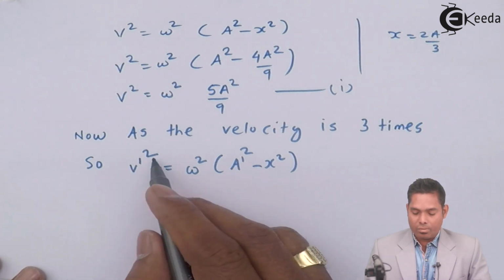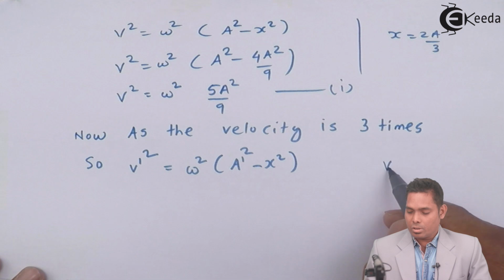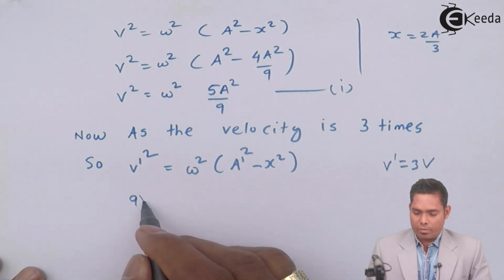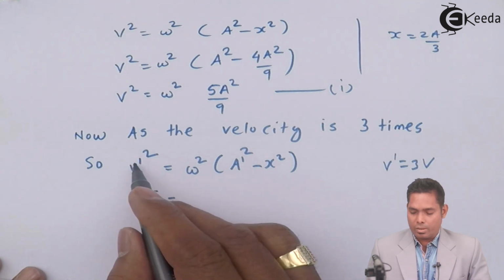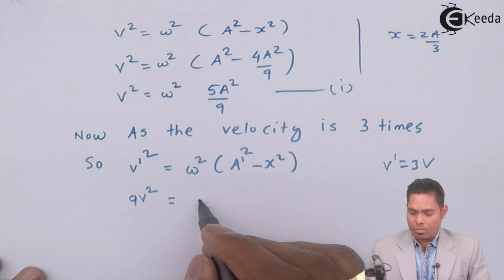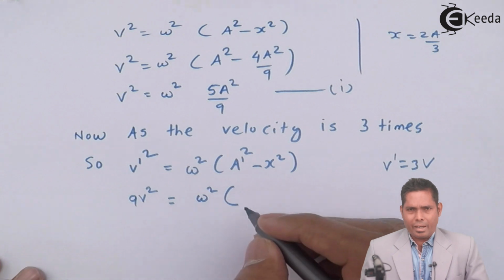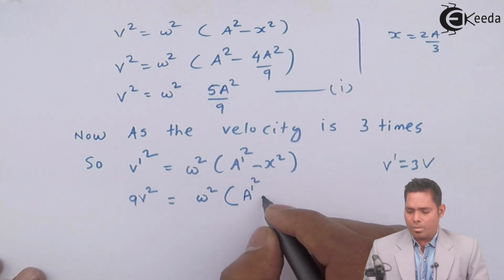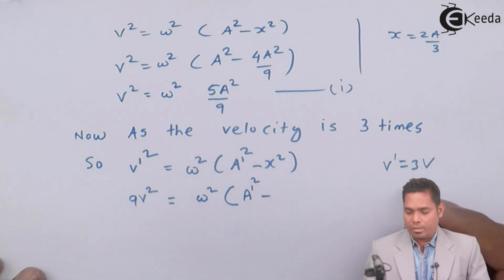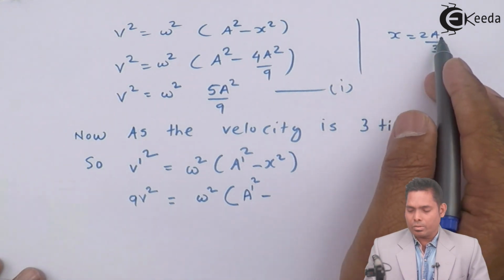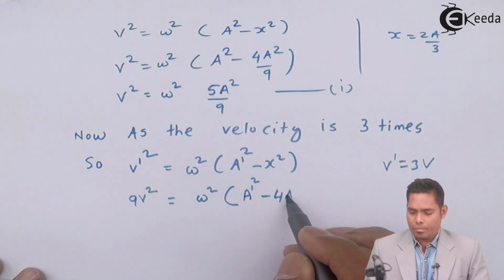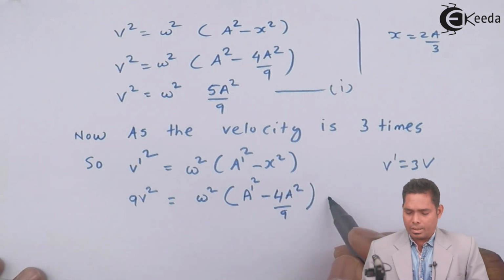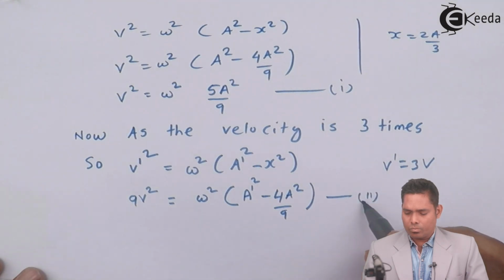V dash is 3 times the original velocity, so squaring both sides it is 9v square, equals omega square, a dash square minus x square, where x square is 4a square by 9. Suppose this is equation number 2.